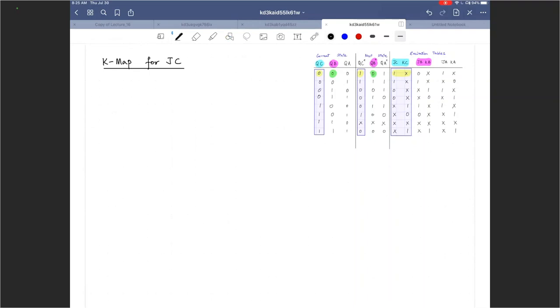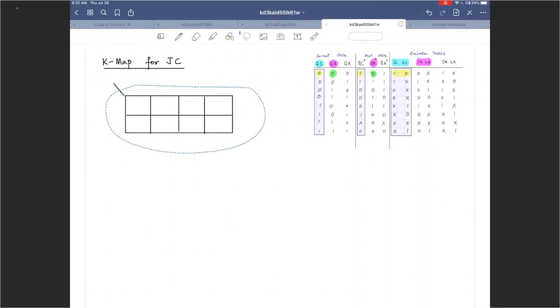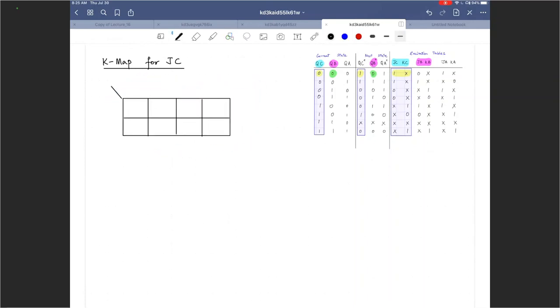So let me make the K-map here. This is going to be a 3 variable K-map. One, two, three, and I've got that here. Let me move this down. Give this 0, 0, 0, 1, 1, 1, 1, 0, and 0, 1.